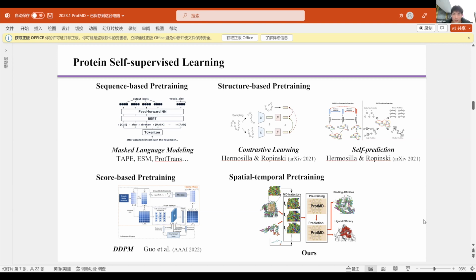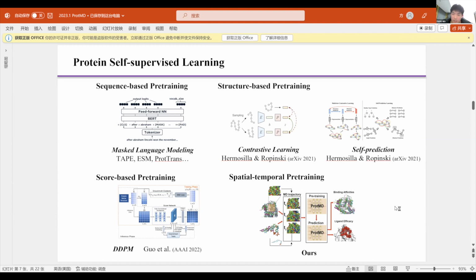And for the structure-based pretraining, there is the contrastive learning proposed by Hermosilla and Ropitsky. The idea is very simple. You regard substructures from the same protein as the positive pair, and substructures from other proteins are treated as negative pairs. So you do the contrastive learning. And the self-prediction, oh sorry, this is incorrect.